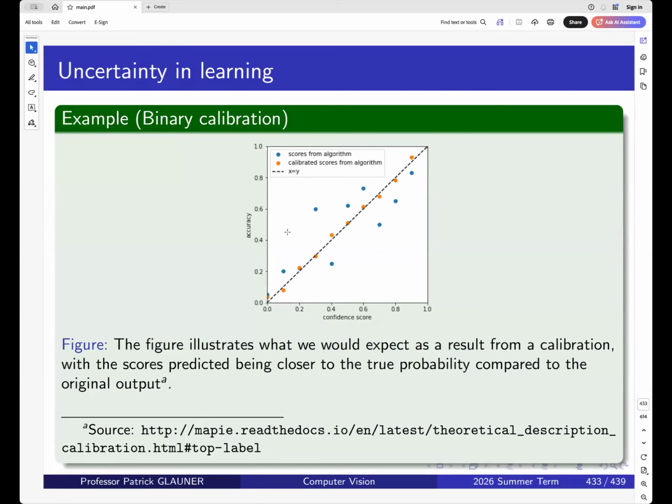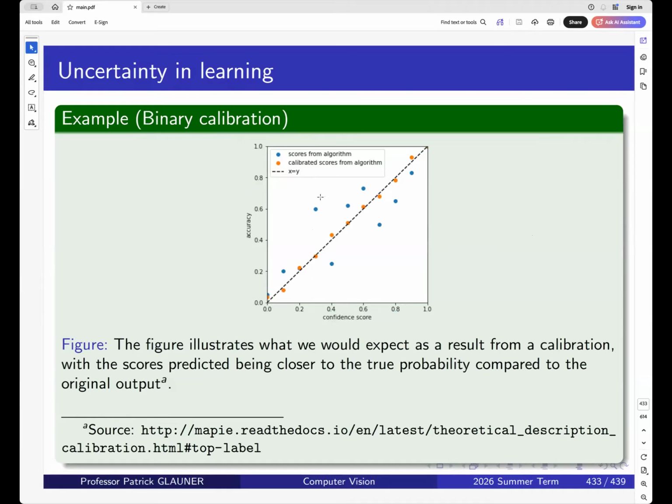Here we have the output of a machine learning model that is not calibrated. We see the accuracy in one dimension, and in the other axis the confidence score.